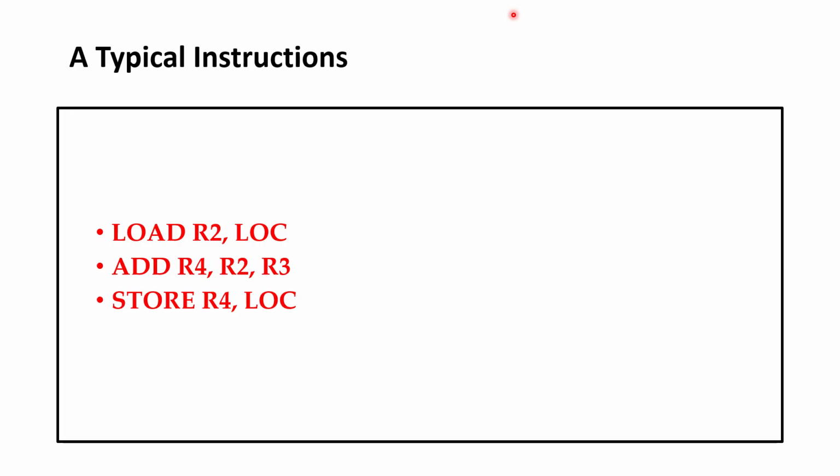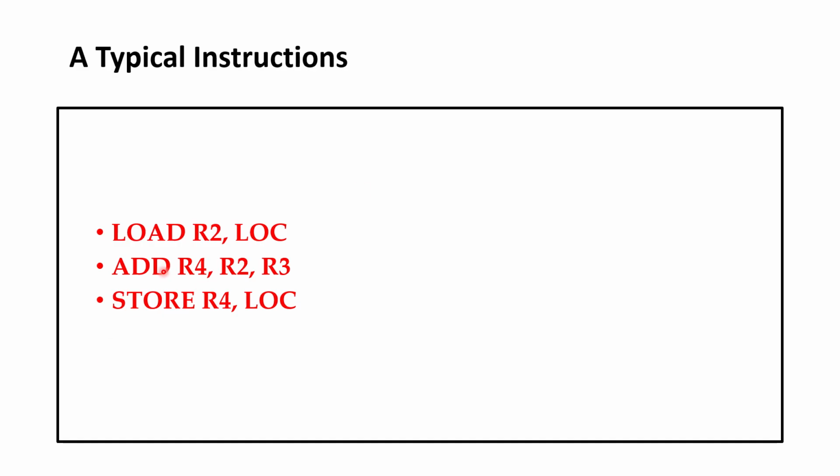The control unit decodes it and realizes it needs to load data from memory location LOC into register R2. The address LOC is placed into the memory address register and the memory responds by placing the data into the memory data register. That data is then moved into the register R2.